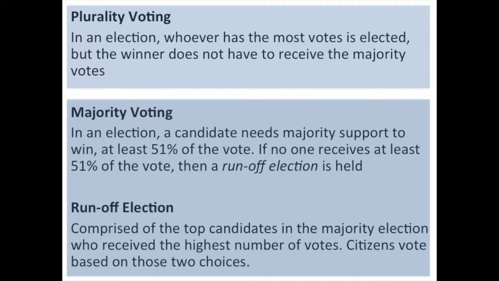So then the runoff election takes place, and the citizens vote based on those 2 choices. This is meant to ensure that if some individuals in a district can't get their first choice for who represents them, they may at least get their second choice of a candidate.